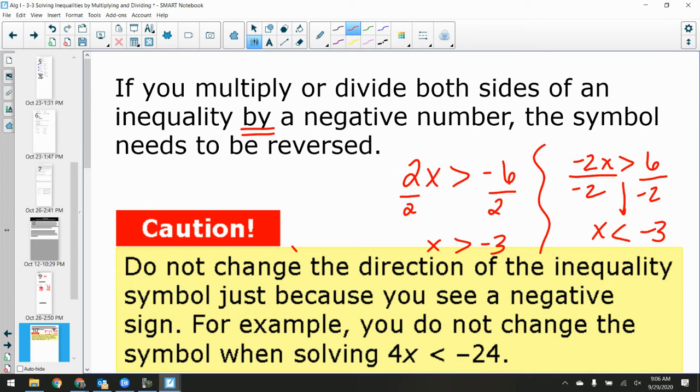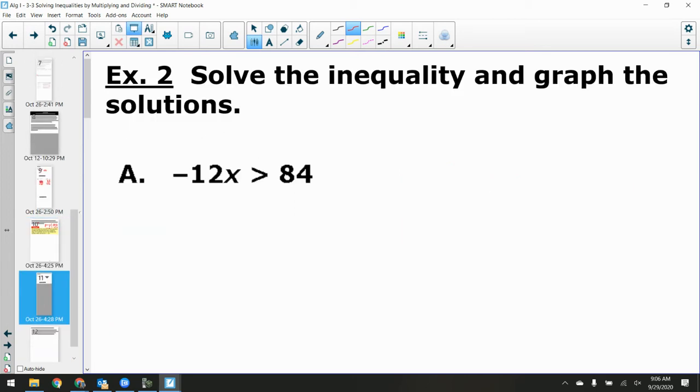Okay. All right, so let's test that out a little bit. Negative 12x is greater than 84. What solves this inequality? Good, divide by negative 12.